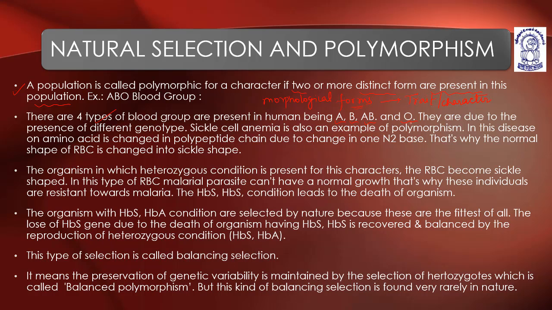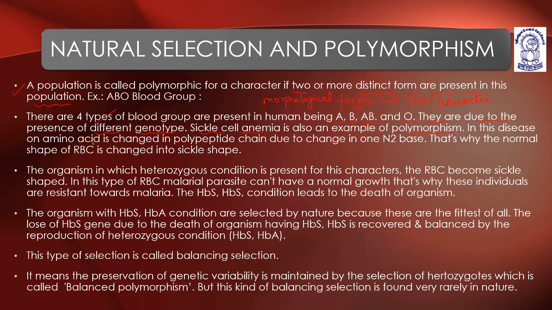So these different blood groups basically help us to understand that natural selection may lead to evolution of characters, differentiation of characters, which may lead to polymorphism. They are due to the presence of different genotypes. Sickle cell anemia is also an example of polymorphism.